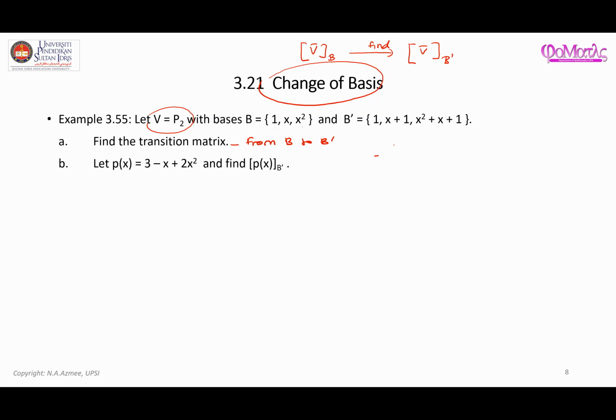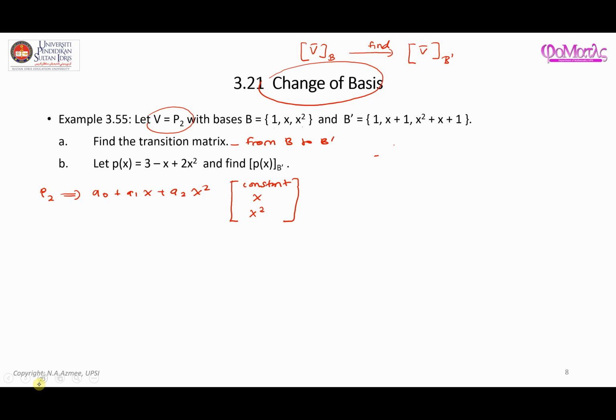Let me write down P2. In general it looks like a0 plus a1x plus a2x squared. You can write it in vector notation, where here will be the position for the constant, the position for x, and the position for x squared.